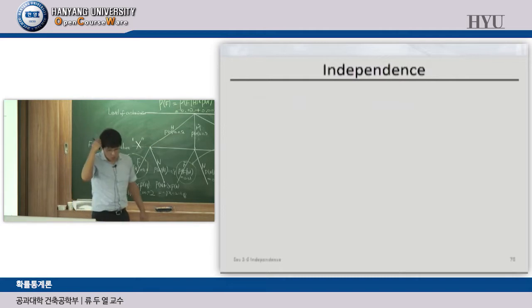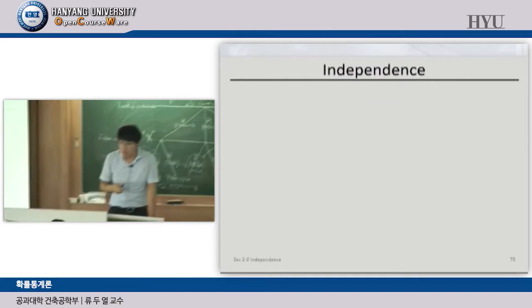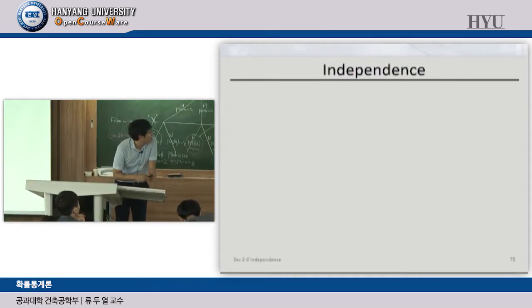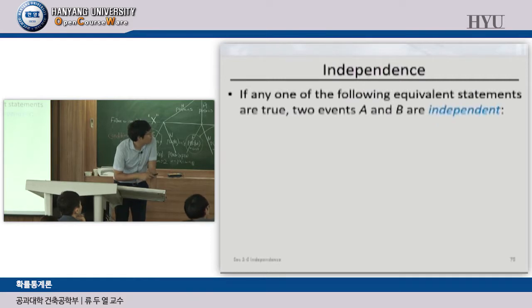And now we are going to discuss independence. If any one of the following equivalent statements is true, two events A and B are independent.